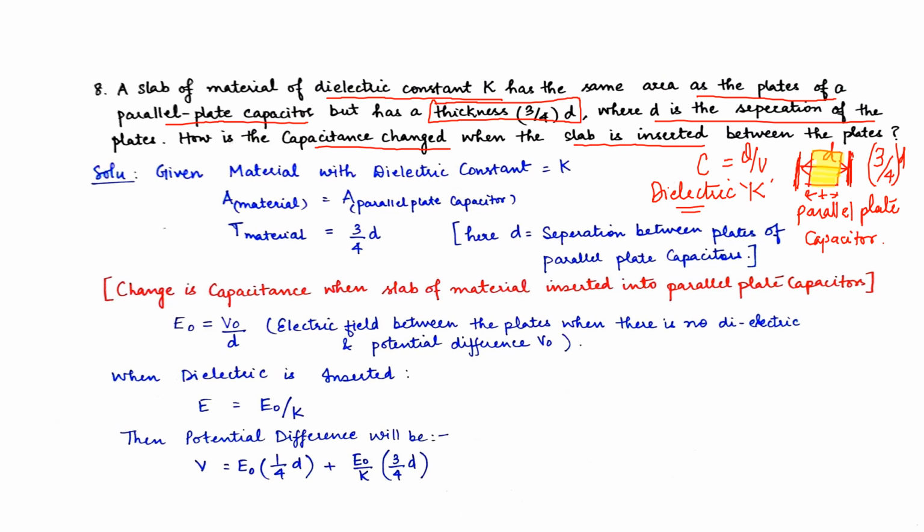After inserting this dielectric, they are asking what its capacitance C is. That is what we need to calculate. These are the given information. Now we will see the solution.